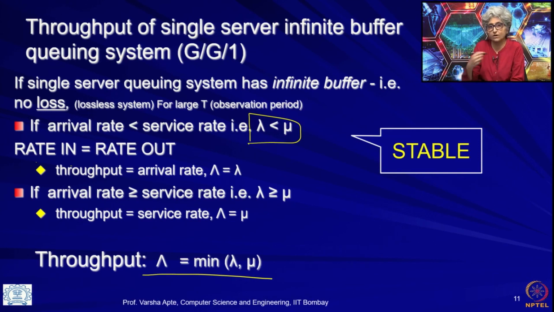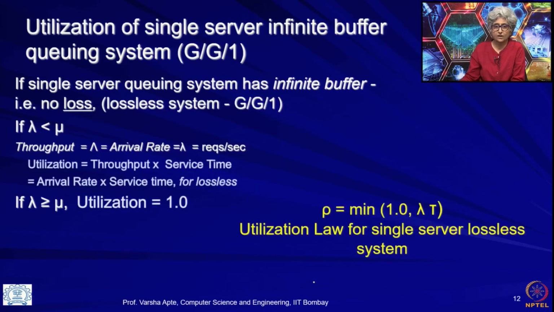When we know that if more work is coming to a queue or anywhere, it becomes unstable. So, it is a very natural word: when lambda is less than mu, it is stable. Again repeating what I derived for G/G/1, rho is equal to the minimum of 1 and lambda tau. This is the utilization law for a single server lossless system, because when it is lossless we can assume that throughput is equal to arrival rate.